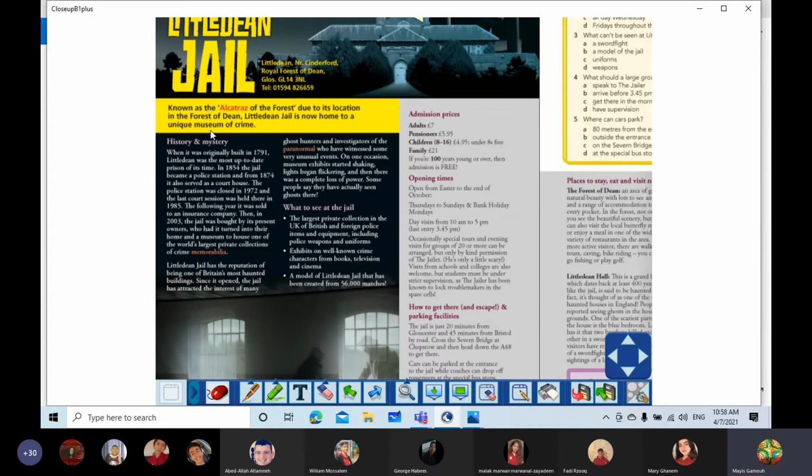a museum of crime. So what is, ya Abdullah, the meaning of a museum? Okay, can you tell me the meaning of it in English? Yes, it's maybe like a big house that. Yes.